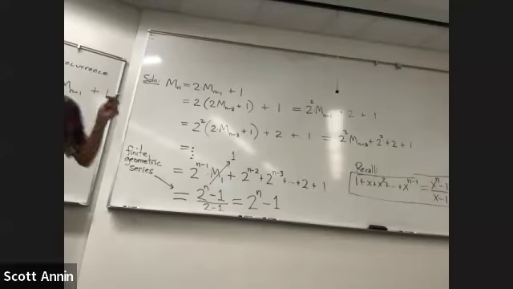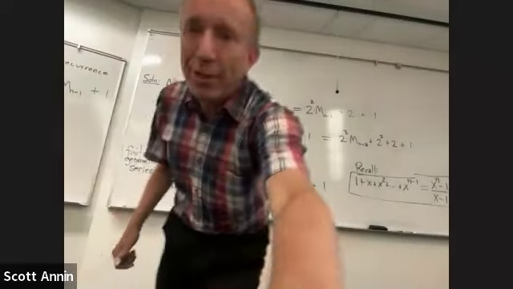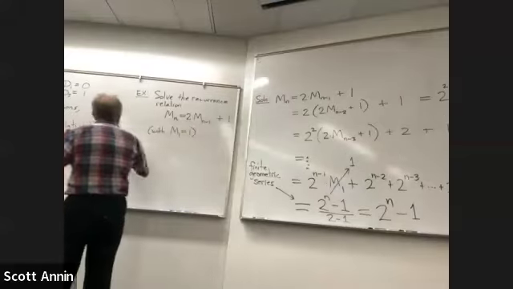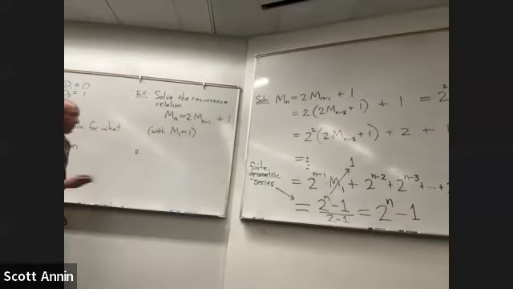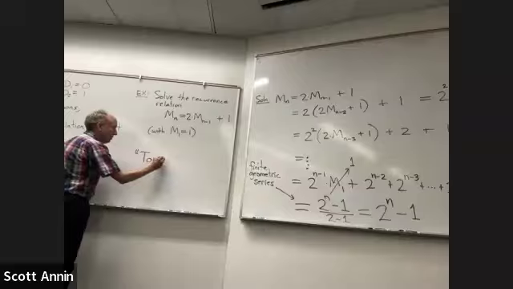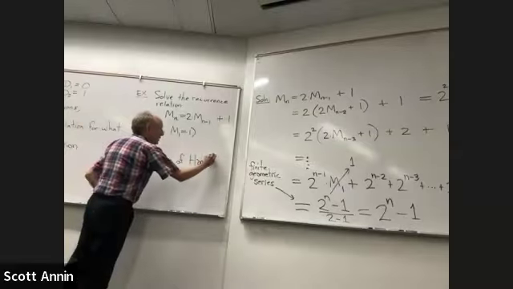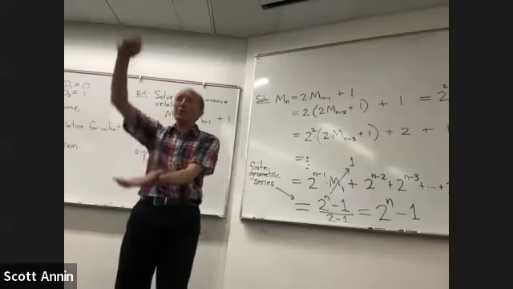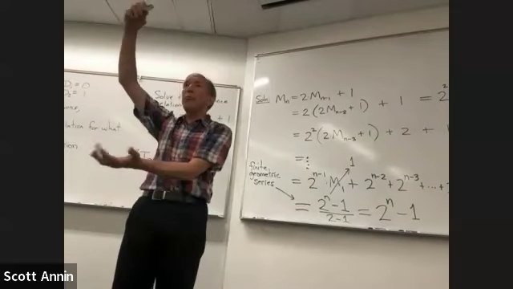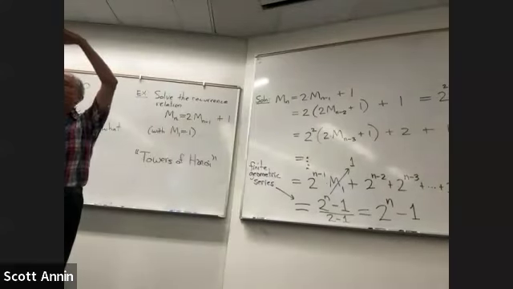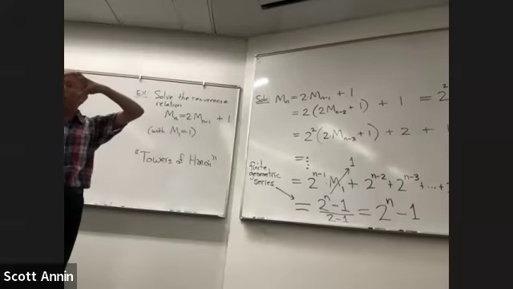If you're looking for a nice example of a recurrence relation that fits this one, has anybody heard of, I'm going to send you home to your computers to Google this one. Have you heard of the Towers of Hanoi? Basically, you have a stack of n objects, of different sizes, and the smallest object is on top, and then there's a larger one below it, and a larger one below that.